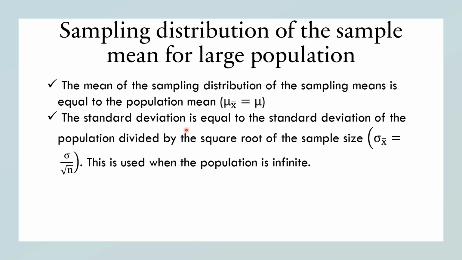Next, the standard deviation is equal to the standard deviation of the population divided by the square root of the sample size. So that is sigma sub mean is equal to sigma over square root of n. This is used when the population is infinite.